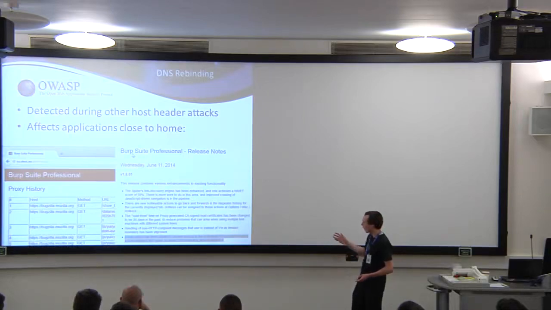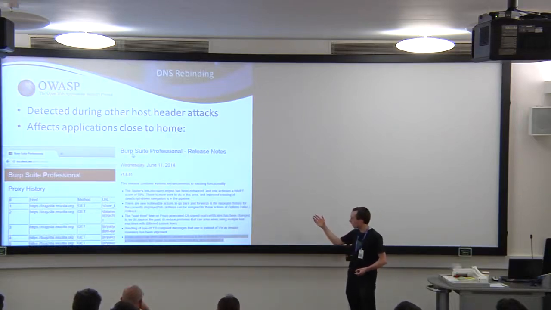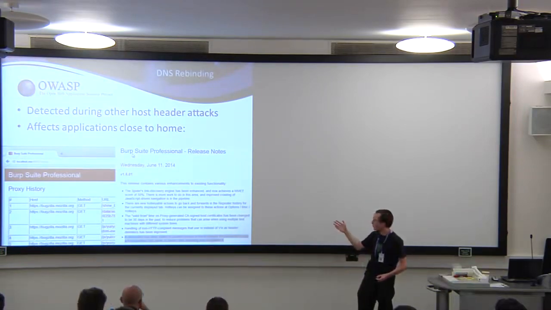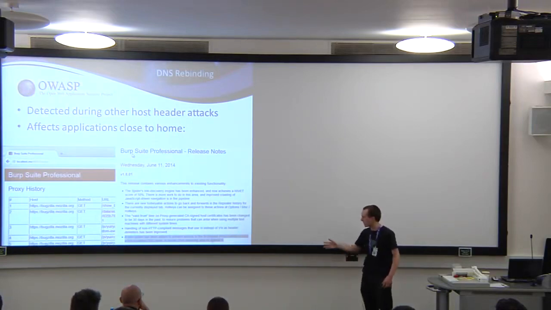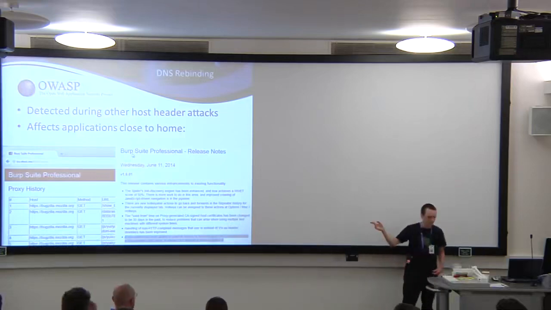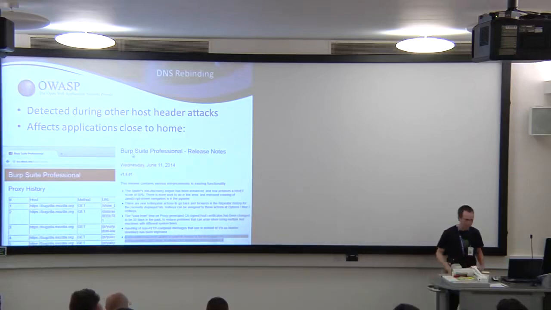So up until a couple of weeks ago, it was possible to gain access to the full history of any Burp user by using this technique. It's now been fixed in the professional version, at least.